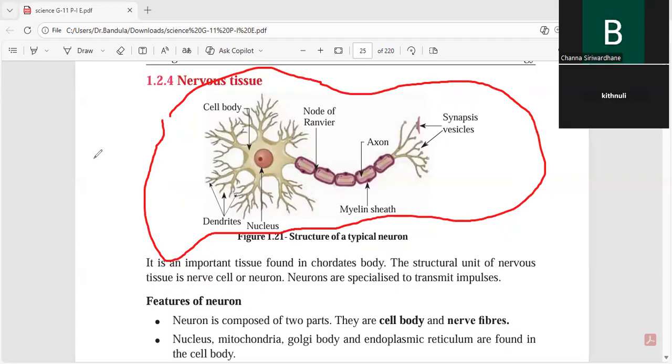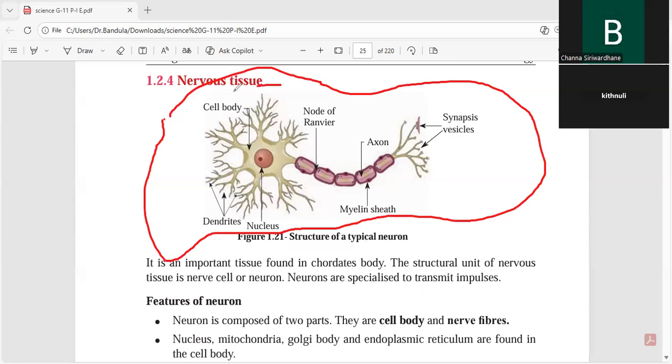Structural means it is a building block. And functional means the nervous system is activated through this cell, right? There are two main parts.